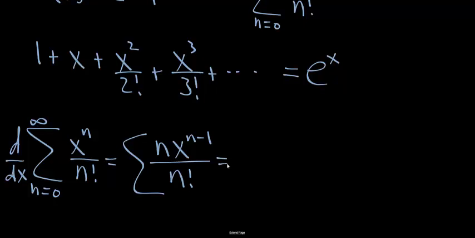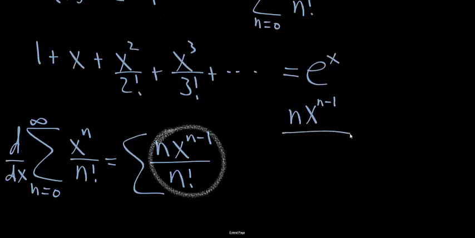Is that the same thing? What do you think? Well, let's take a look at this part. We have n times x to the n minus 1, and down here we have n times n minus 1 factorial, right? Do you see how I can write n factorial as n times n minus 1 factorial? These cancel, right?